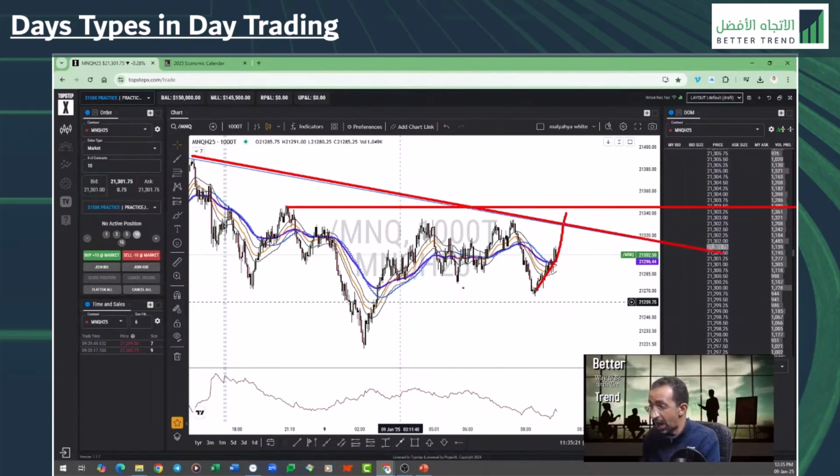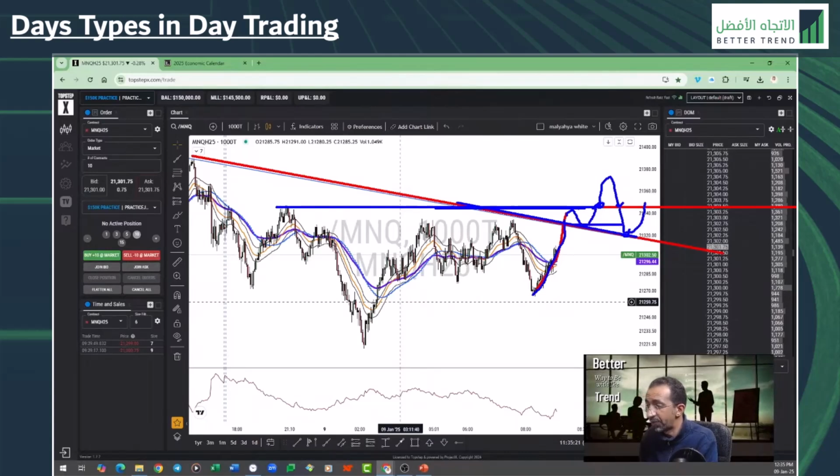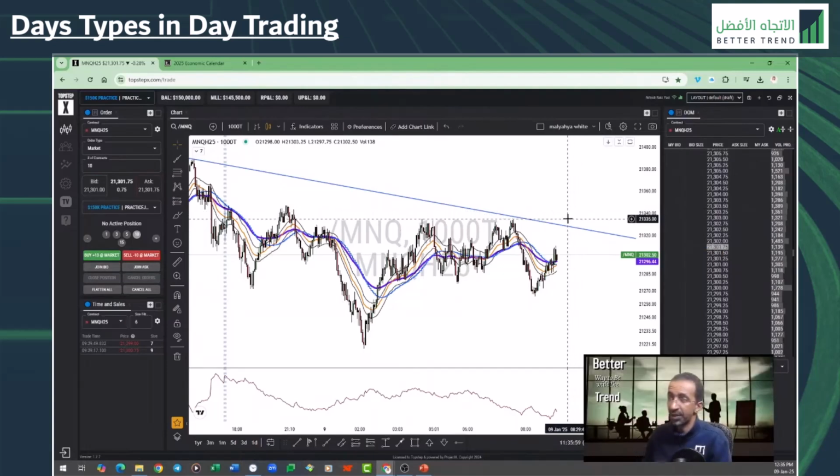Now if I want to buy this, either I wait for this one to be broken and retested, but you still need this one to break out as well, or a retest of this one, maybe a retest of this one as well. So maybe you can buy the pullback with a tight stop loss or wait for a retest based on your risk appetite.